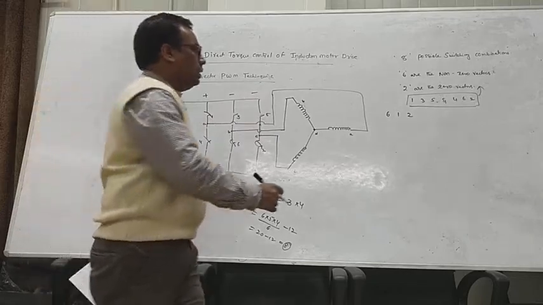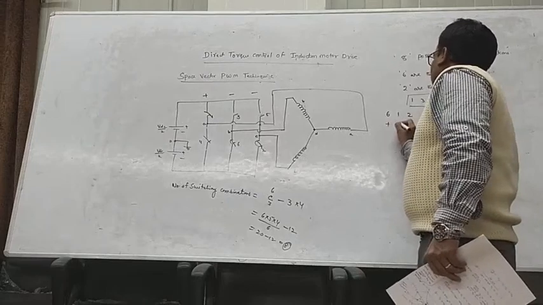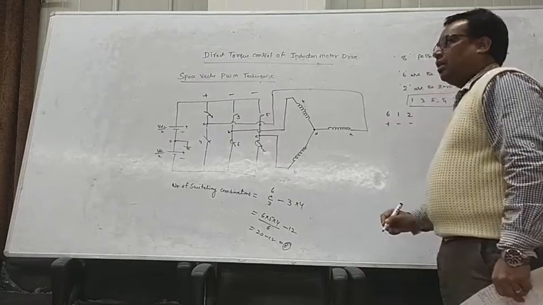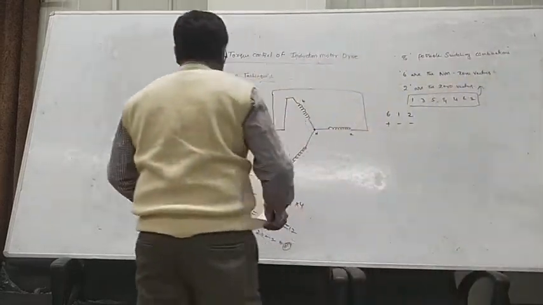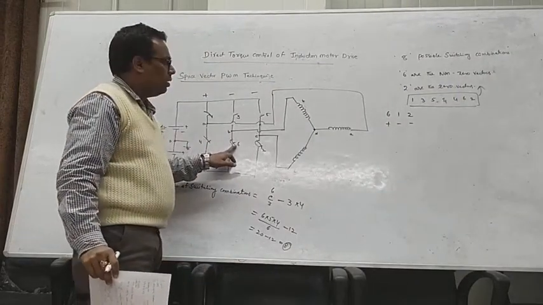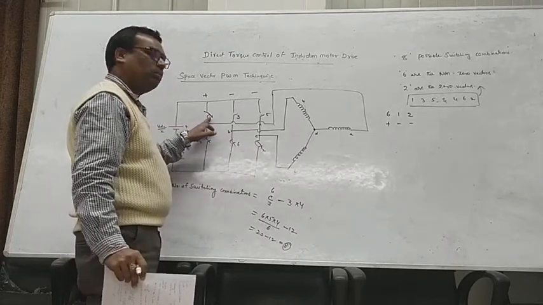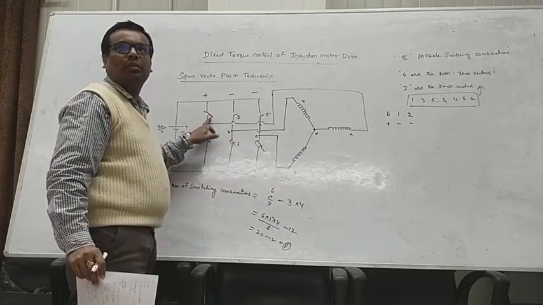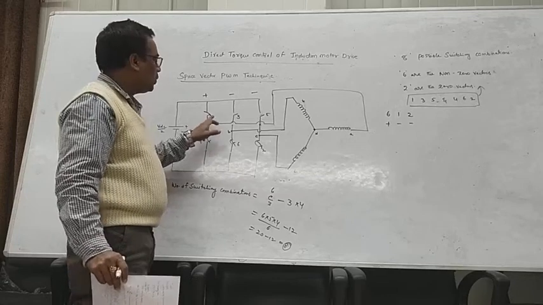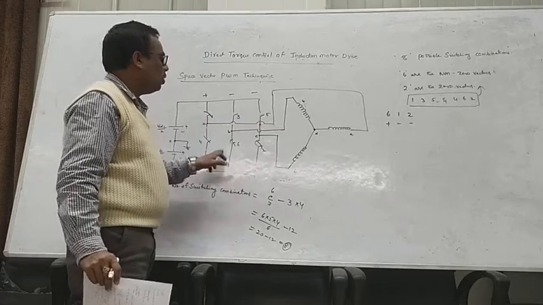So this 6, 1, 2 is a combination of plus, minus, minus. Upper group switches are 1, 3, 5 and bottom group switches are 2, 4, 6.